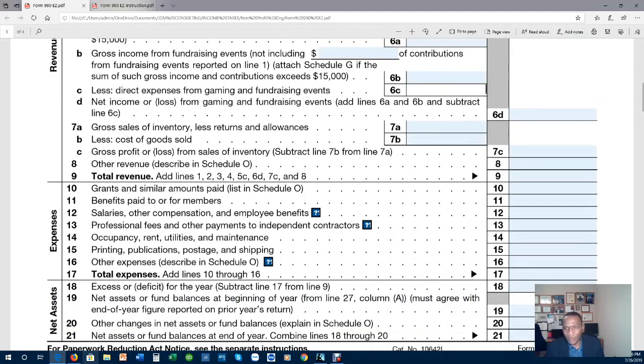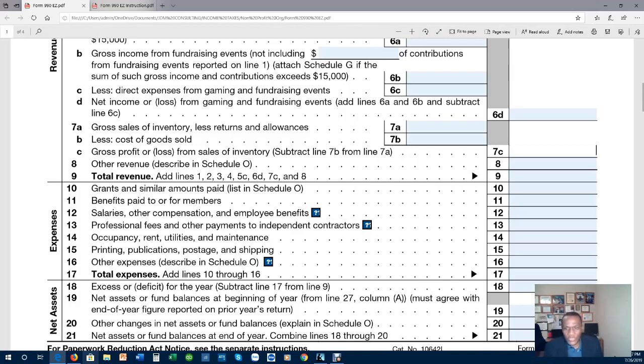So basically, gross sales, if you keep inventory items that you must keep in inventory, and then less cost of goods sold, what it costs you to sell these items, and then you will have the gross profit. This is the gross profit or loss from sales of inventory. In that case, you will subtract 7B from 7A to get your gross profit or loss from sale of inventory.